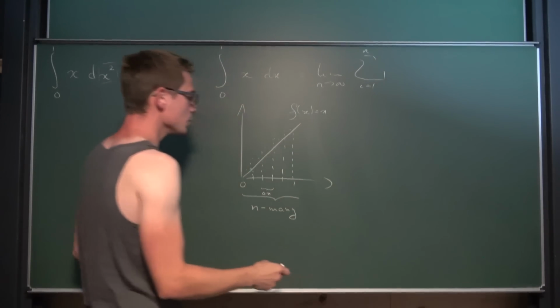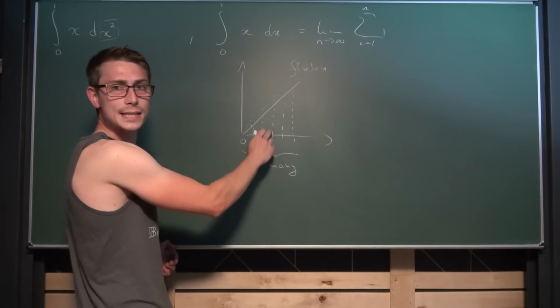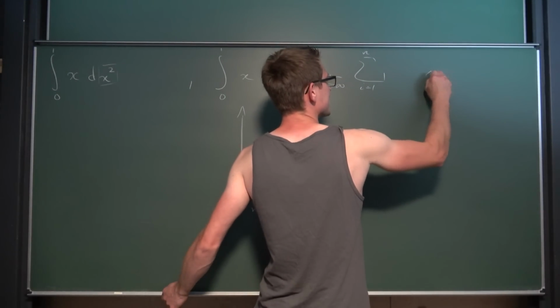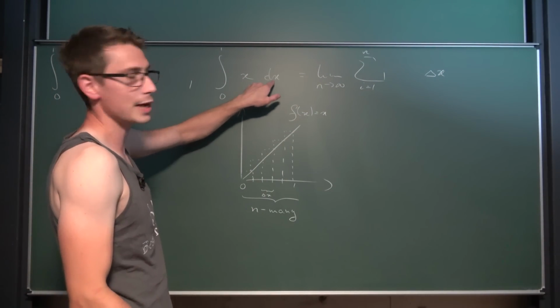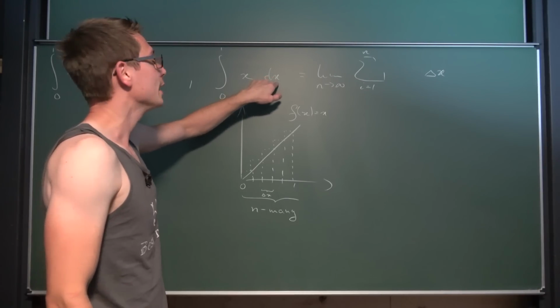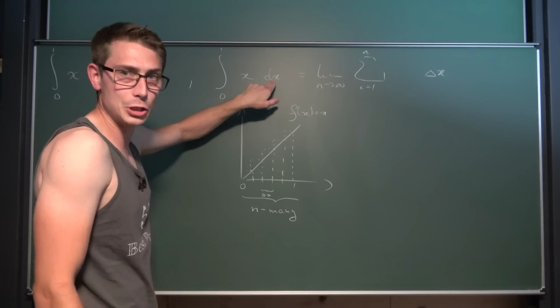And what we are going to do is take base times the height. The base is delta x, which is going to correspond to our infinitesimal that we have over here, dx, our differential one form.